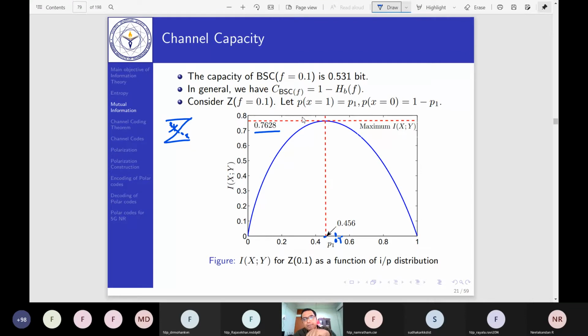Now for the Z channel, the maximum is obtained at a value of P1 which is less than 0.5. That means we should be sending more zeros, and that is true because if we send zeros, there will not be any error. If you send 1, then there will be error. So we should be sending more zeros than ones, and in that case we can achieve a higher value of mutual information.